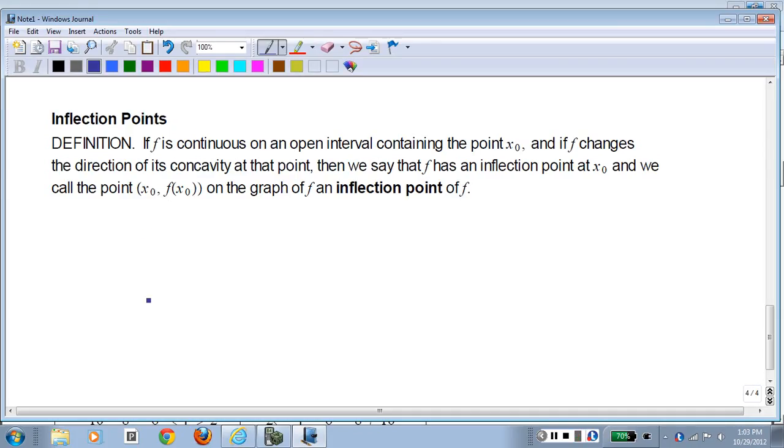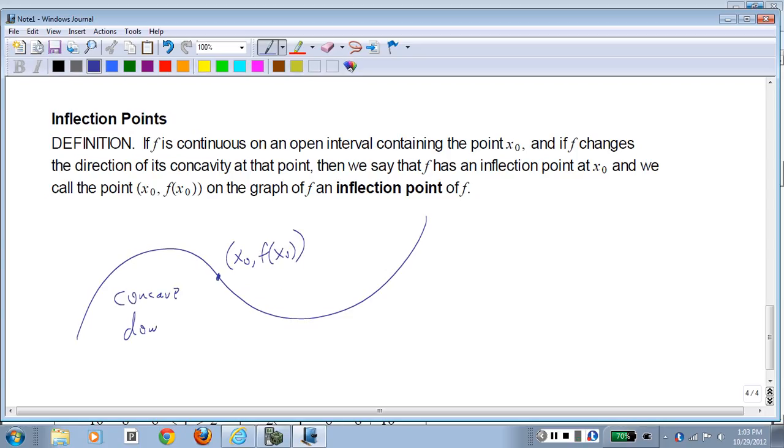So the typical picture is this, and that's x sub 0, f of x sub 0. It looks like concave down and concave up. But according to the definition, the function must be continuous at that point, but not necessarily differentiable. So there could be a point of vertical tangency.